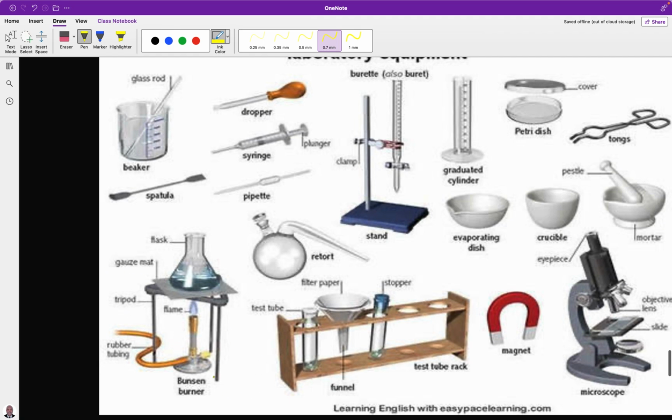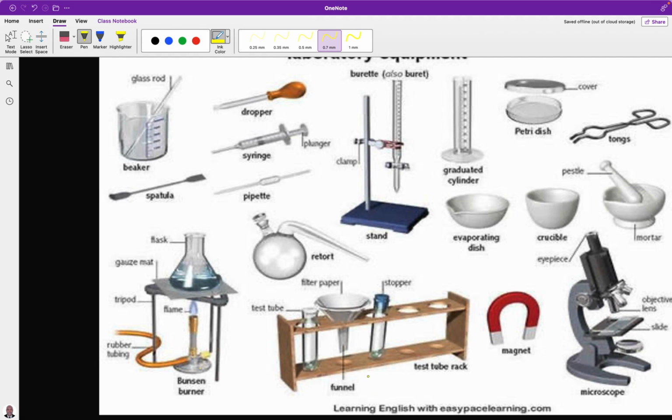We use them when we want to heat any solution using a Bunsen burner. We place the gauze on the tripod, and place the flask containing the solution for heating on it. The Bunsen burner is there to generate the energy that is required for the heating.